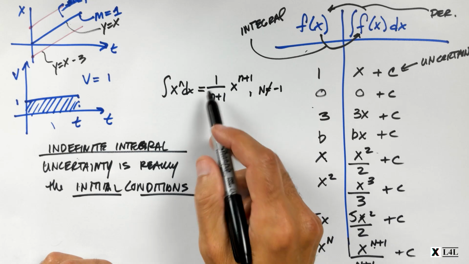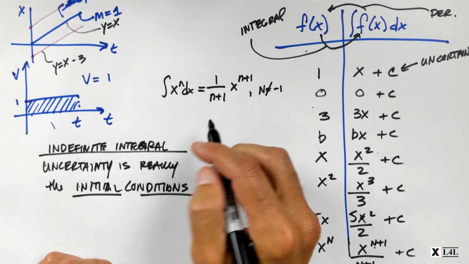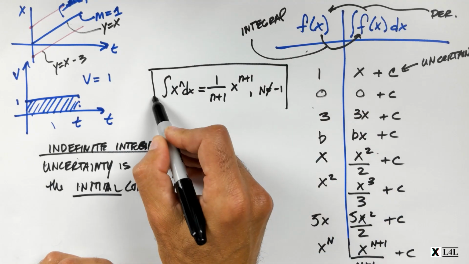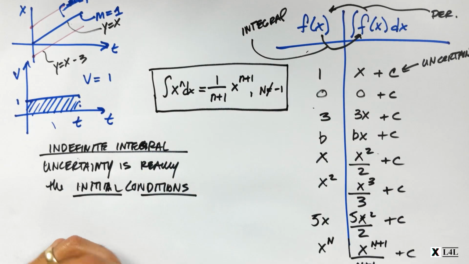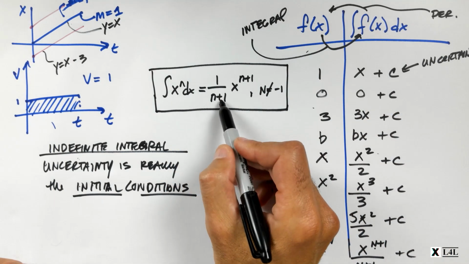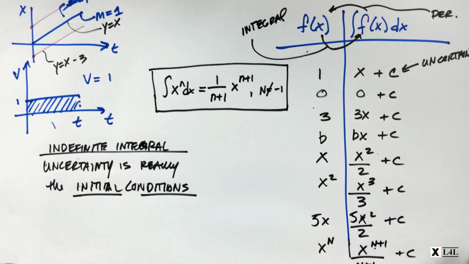So there's a special function with natural log that we'll get into separately, but for this power rule for integration, which is what we're going to be primarily using when we're calculating integrals, this is how it's done. Okay, x to the nth, dividing by n plus 1 and taking x to the n plus 1 power.